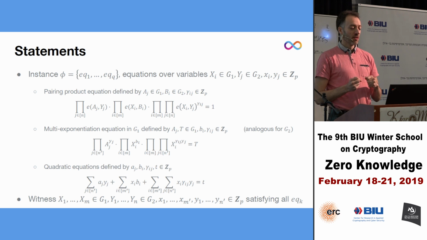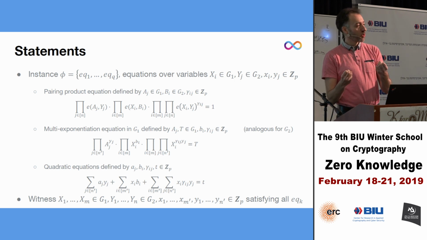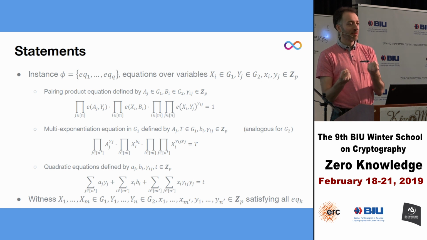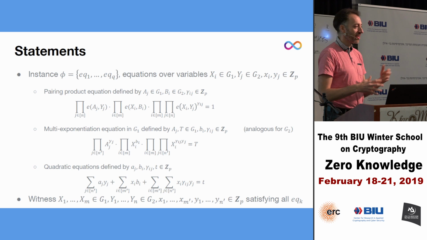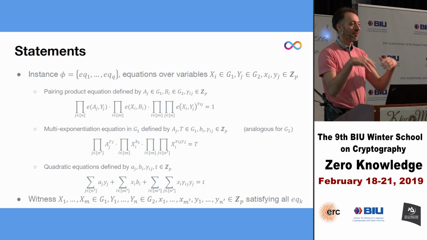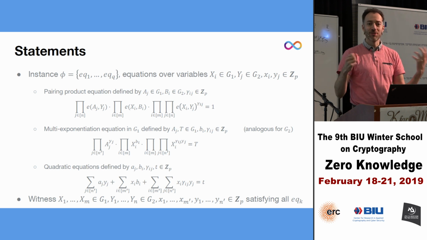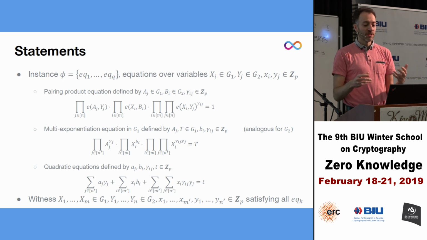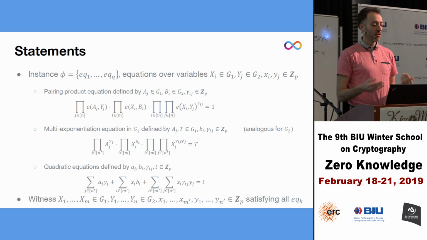You can pair the secret Xs with known public elements, or you can pair secret elements with one another and also raise them to some known power, gamma. Okay, so you can do that with a bunch of elements. You can multiply them all together once you've mapped them to the target group. That's also a generic group operation. And the question then is, do you get 1 in the end? Okay, so you can imagine having several of these pairing product equations.